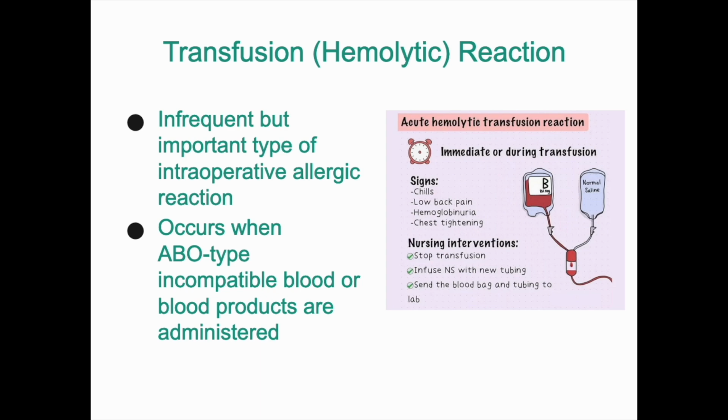The first step in treatment is to stop the blood transfusion immediately. There are three types of transfusion reactions: febrile, non hemolytic, caused by antibodies attacking donor white blood cells or platelets, again, rare in surgery. We have allergic and then hemolytic.